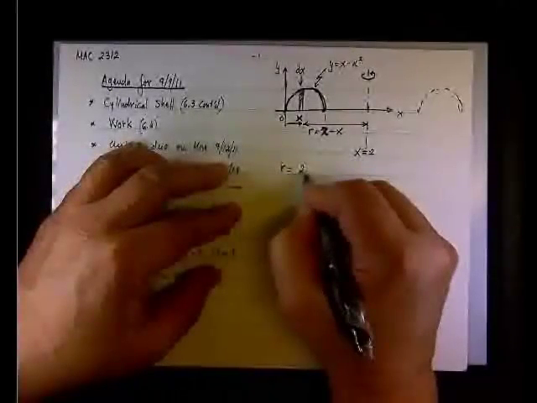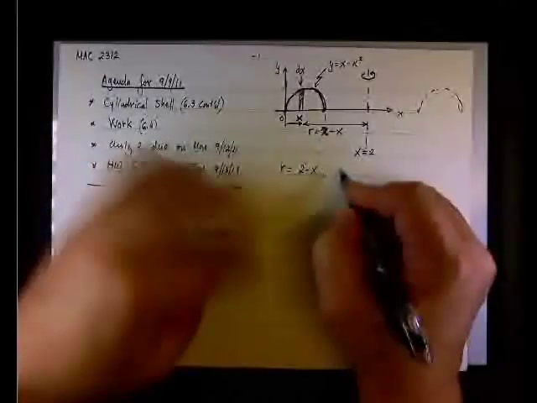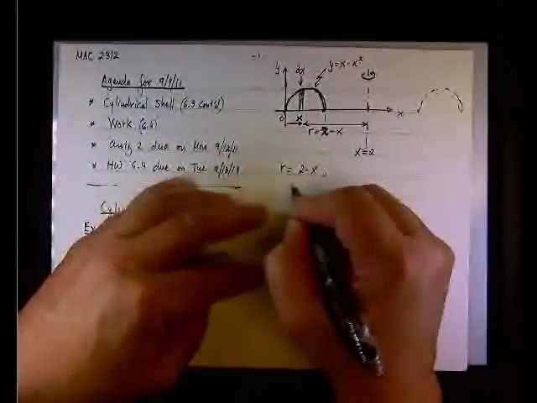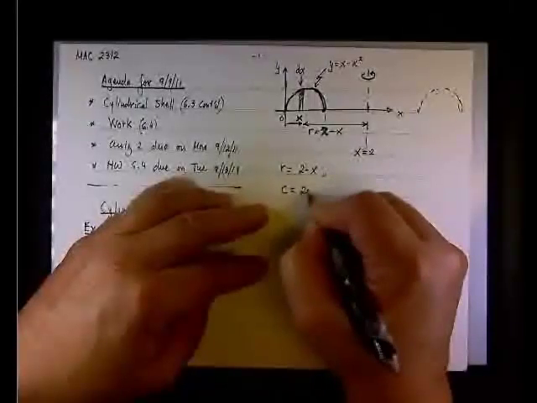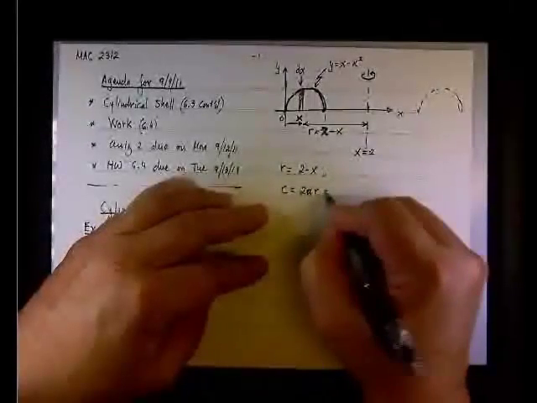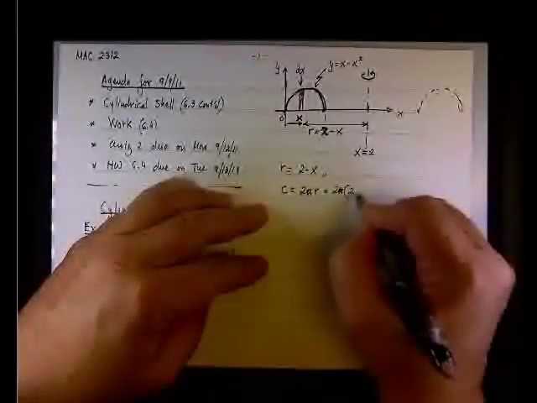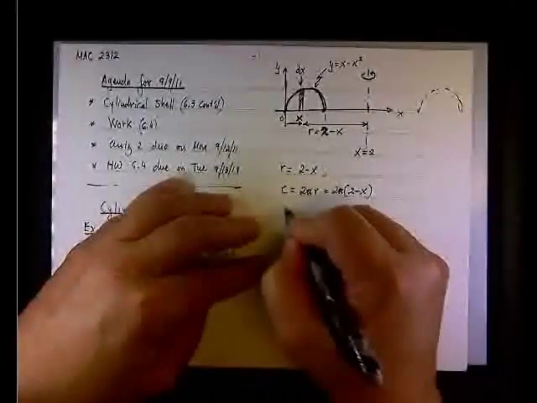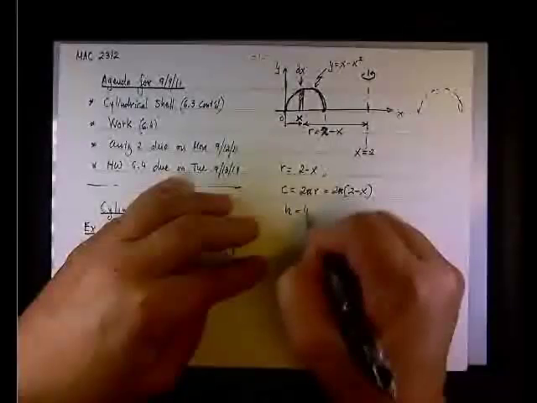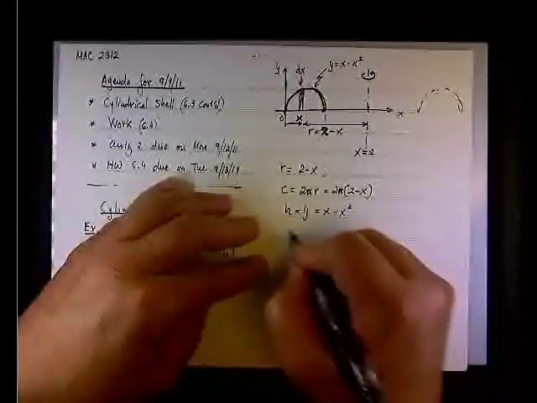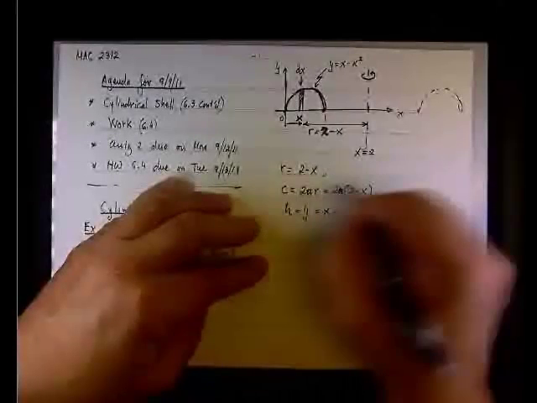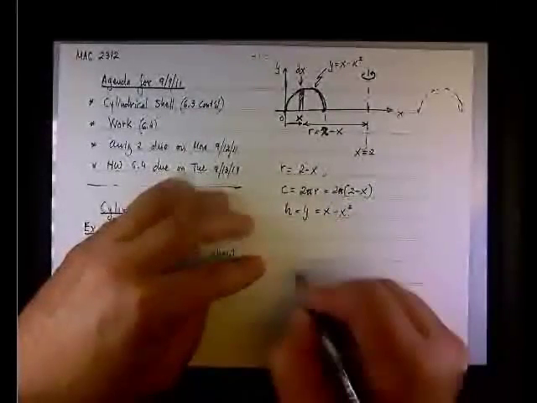The circumference c will be 2 pi r, or 2 pi times 2 minus x. The height h will be y, or x minus x squared, and the thickness is dx.